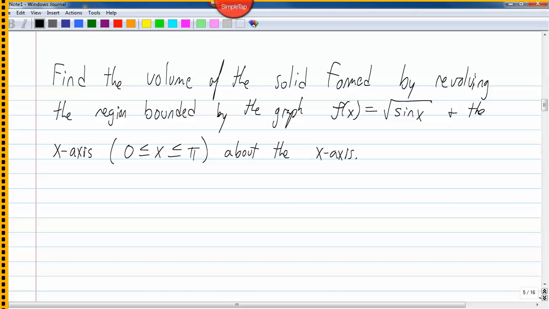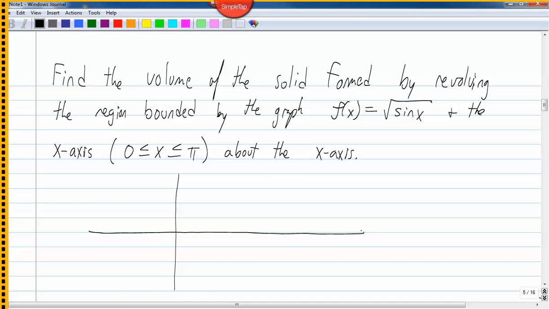Alright, so first let's just sketch what this would look like. We're going to let x be values between 0 and pi. So say here's 0 here. I'll let this be pi over 2, and this will be pi.